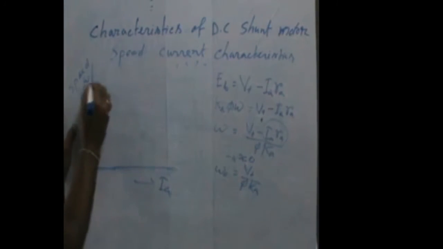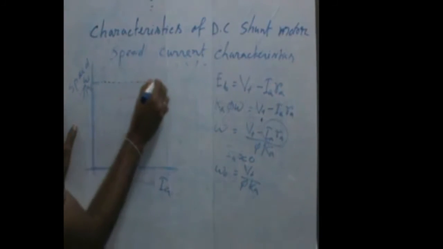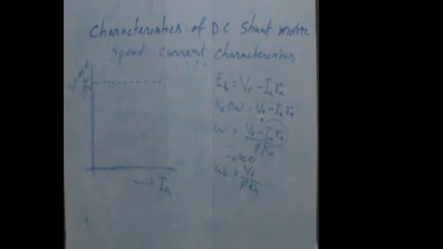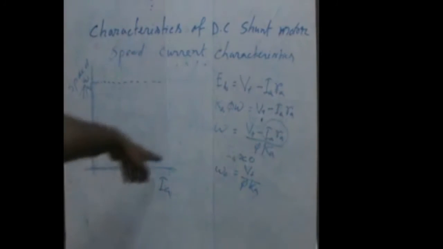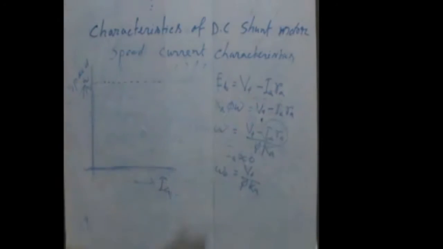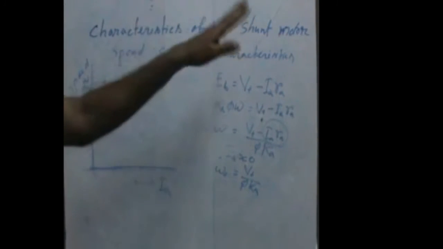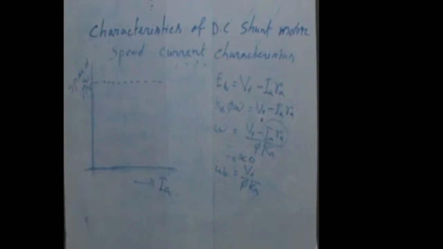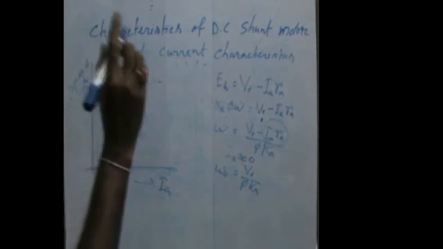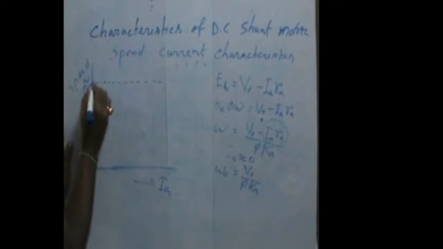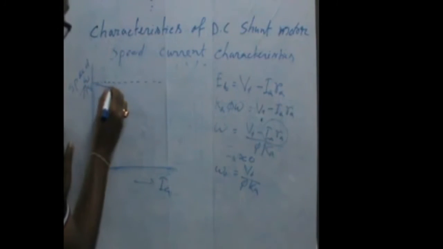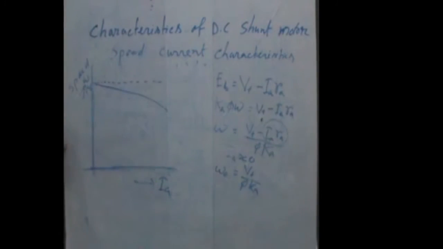Now if you increase Ia gradually, then the Ia Ra term is increasing and Vt minus Ia Ra is decreasing, hence your omega is decreasing. Here we are considering that phi is constant, that is there is no effect of armature reaction as well as saturation. So with increase in Ia, your curve will shift towards this.